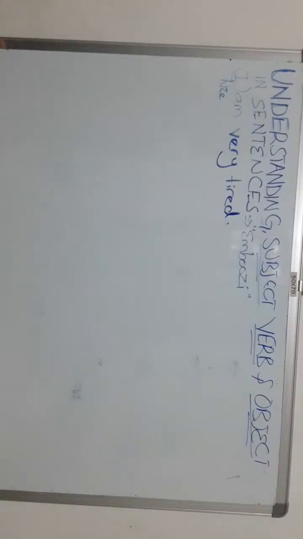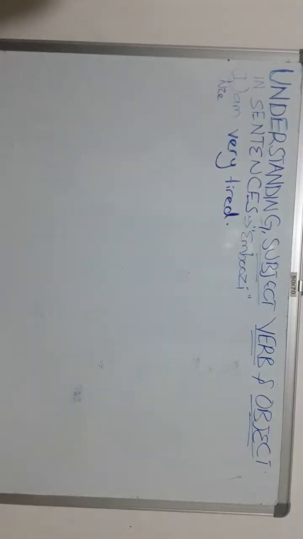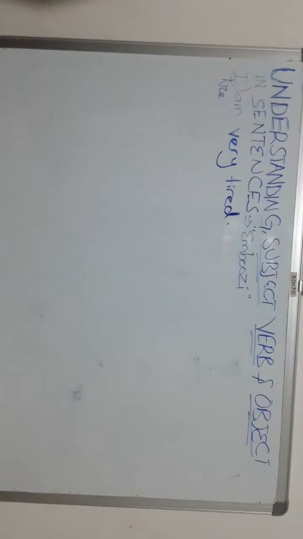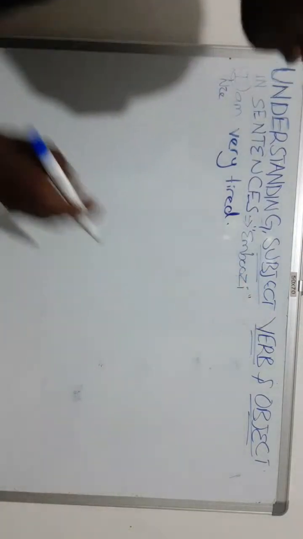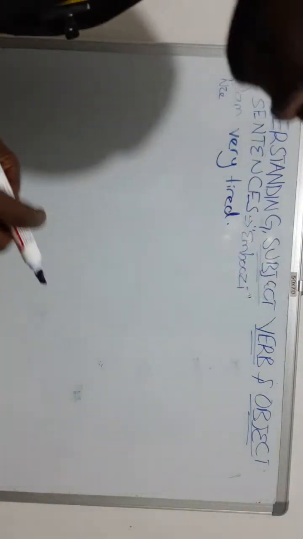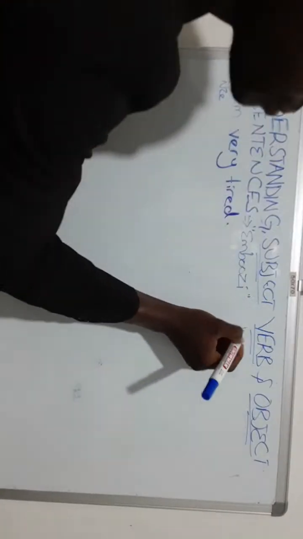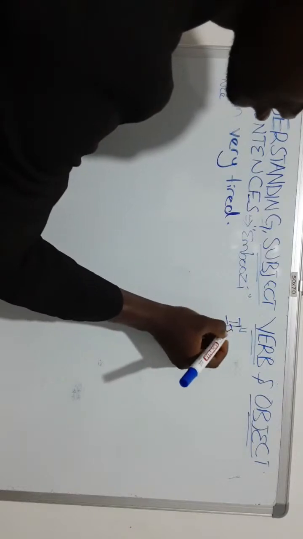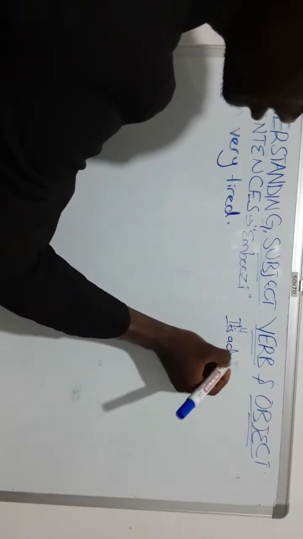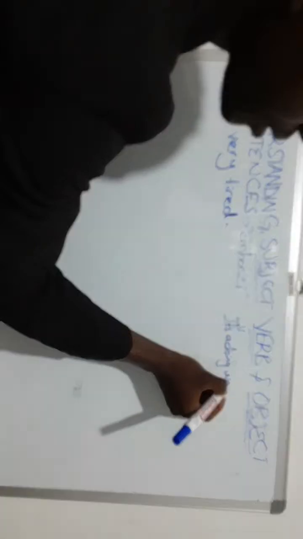Verb is a doing word. Ekigambo kyekikolwa. For example, eat, play, talk, jump, drink. That is what we call a verb. Verb kyekigambo kyekikolwa. Ekigambo ekiraga ekikolwa mu mboozi. Oba it's a doing word. A verb, it's a doing word.